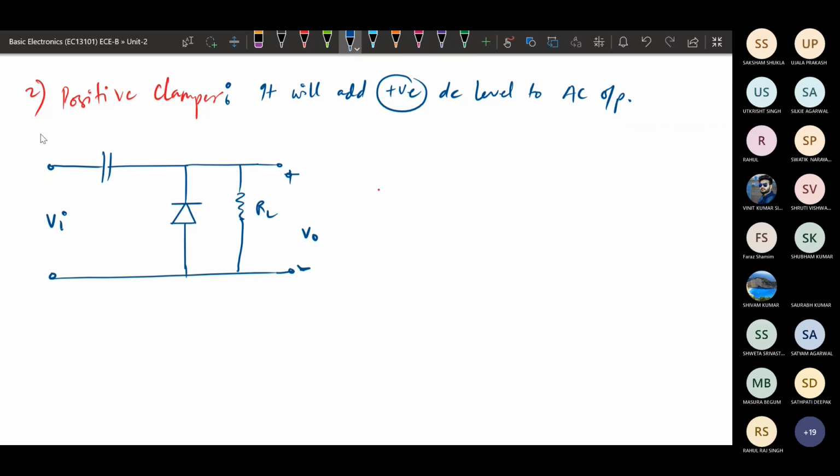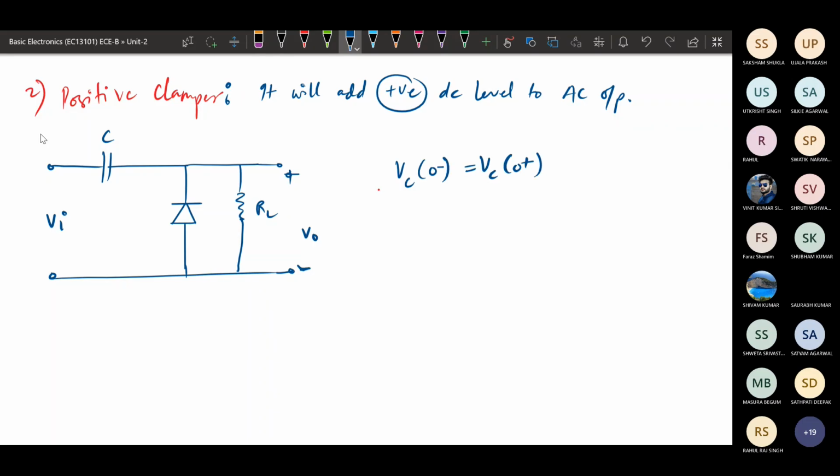Okay, so at the initial point, if this is the capacitor, we consider that the capacitor is not storing any voltage. Basically it stores charge; the voltage is in the form of charge. So initially the voltage across the capacitor will be 0.